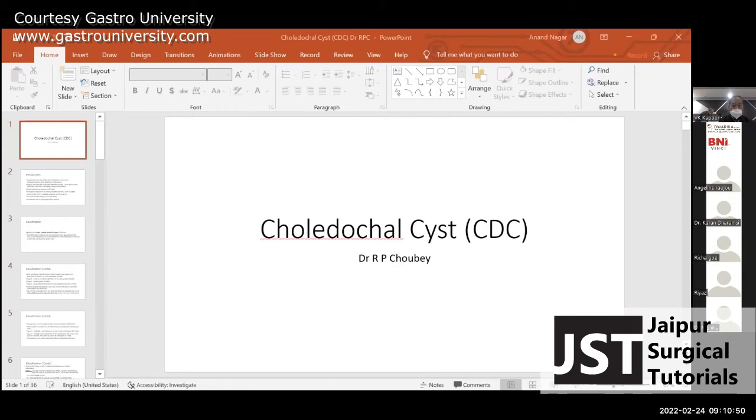Type 4 cysts were multiple cystic dilatation of the extra and intrahepatic bile ducts, while type 5 cysts were only multiple cystic dilatation of the intrahepatic bile ducts, which was described by Caroli and colleagues in 1958. Intrahepatic cysts are sometimes associated with intrahepatic fibrosis, and this combination is known as Caroli's disease.